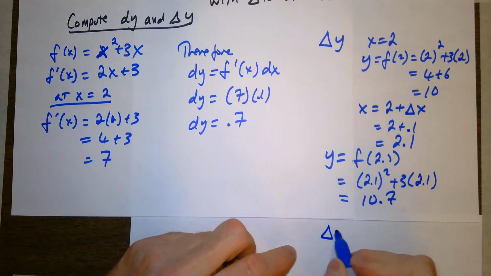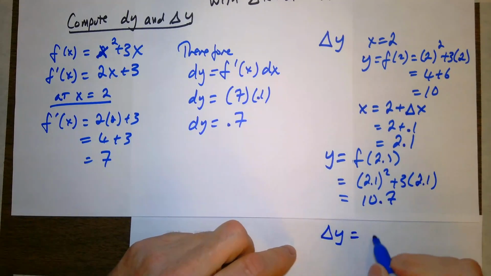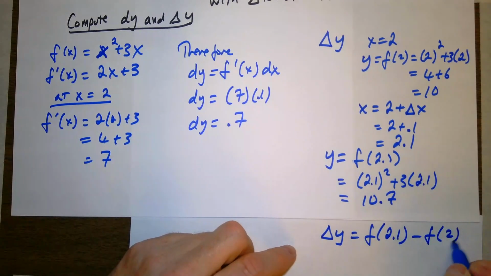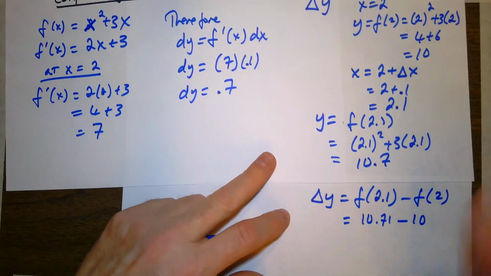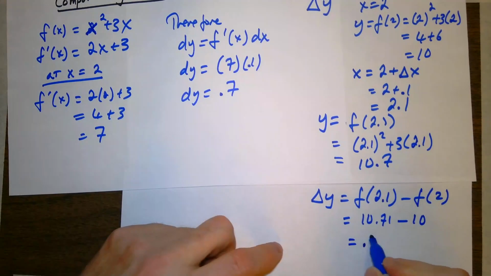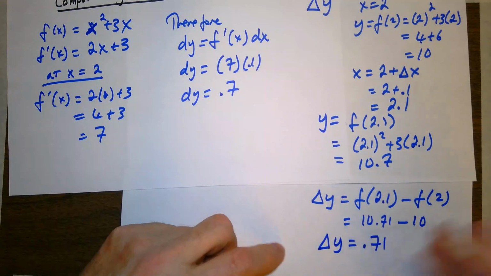So delta y is going to equal f of 2.1 minus f of 2, which is going to be 10.71 minus 10, which is 0.71. That's my delta y.